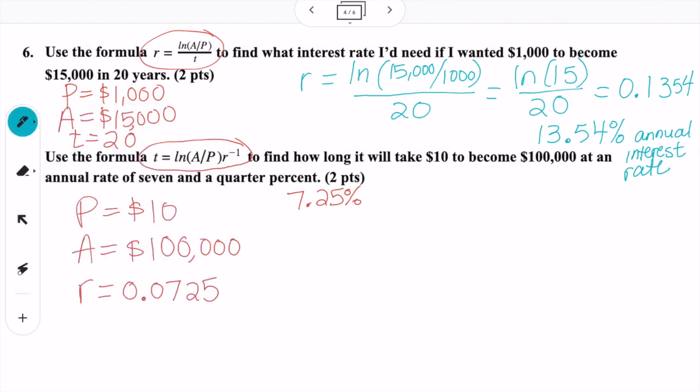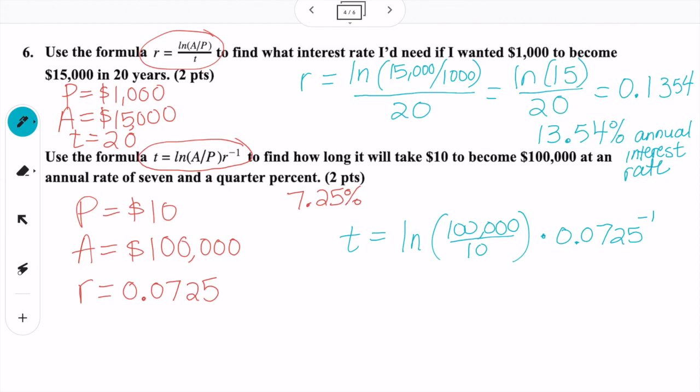So we get that the time equals the natural log of the future amount divided by the starting amount times the interest rate with an exponent of, and I'm going to substitute my value in there, with an exponent of -1.